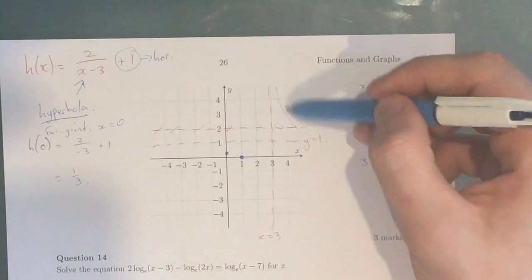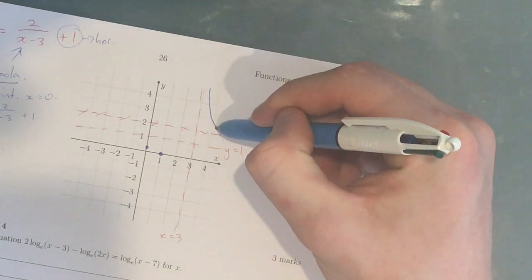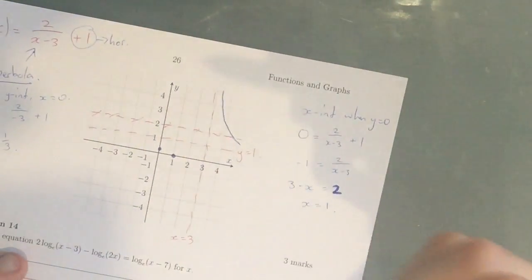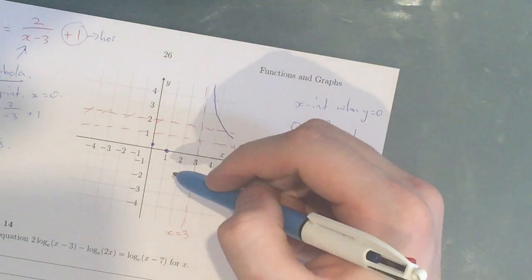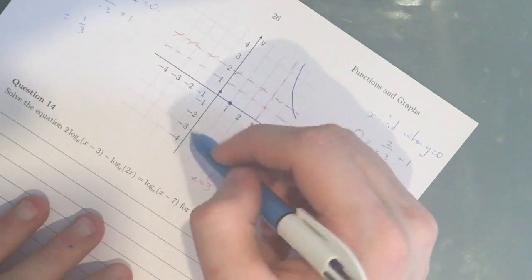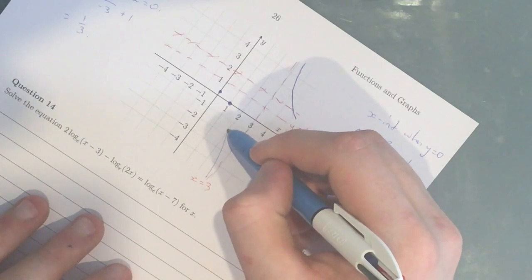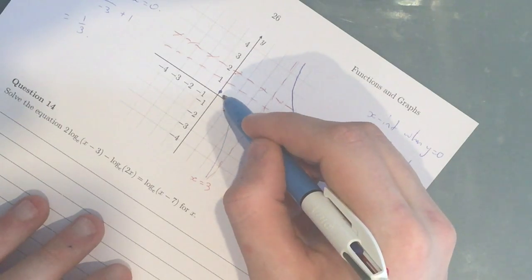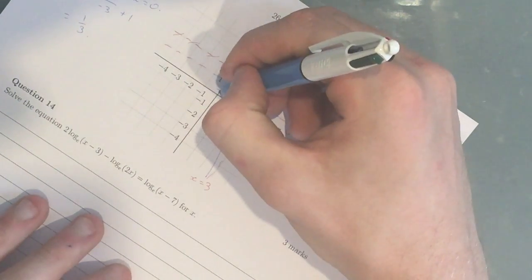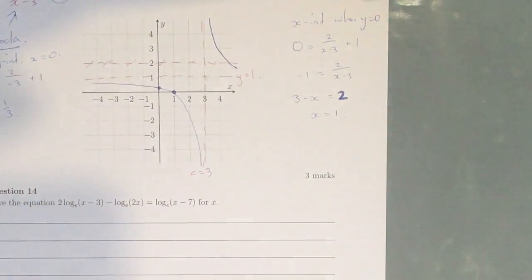There's no intercept on this side because it's never going to touch that axis. So we can now draw this side here and this side over here. This may be a little hard to draw, but let's go with it. All right, I think that's okay.